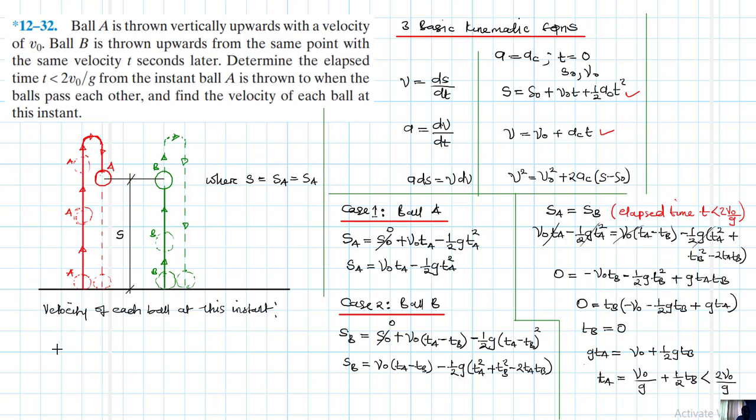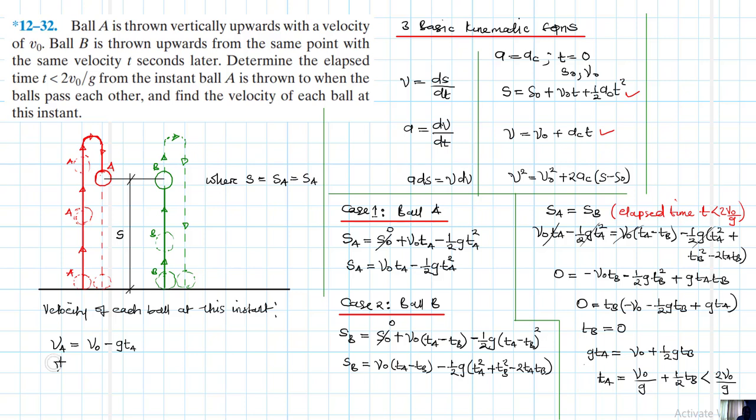Right, so velocity A will just be equal to V naught minus G times TA. Okay, we have the TA that we just calculated there, right?